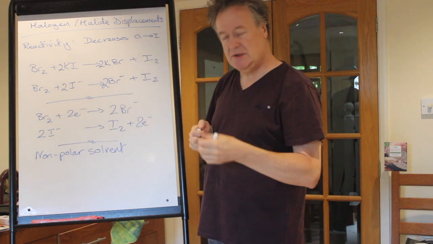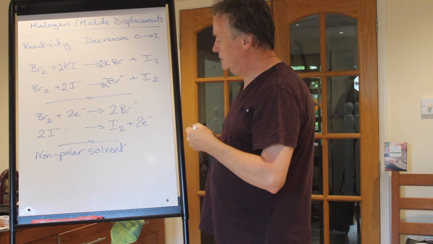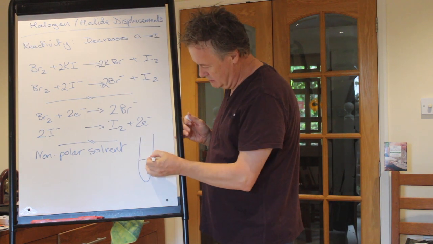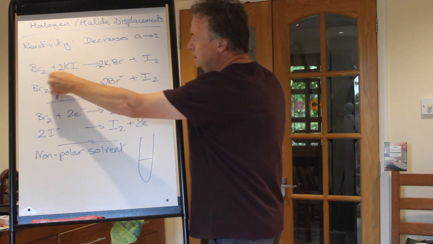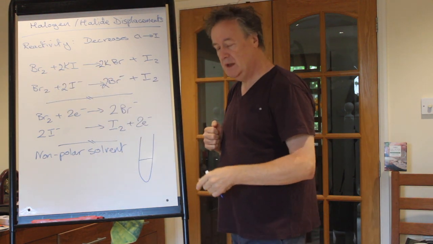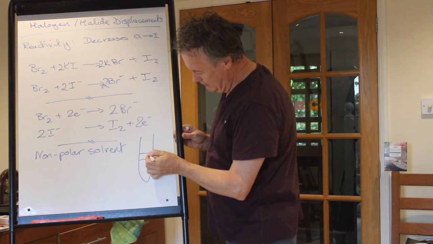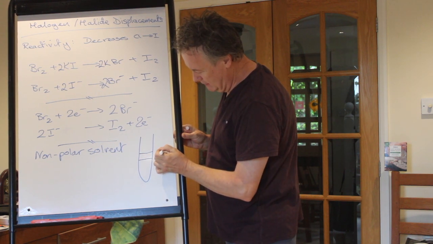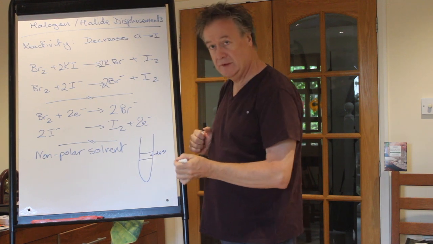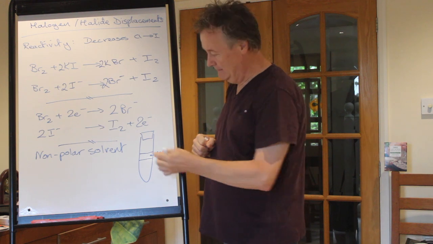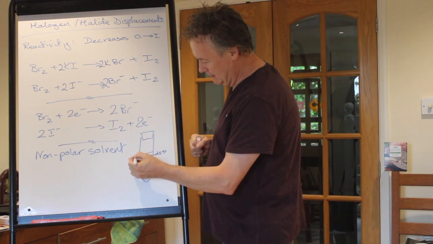There is also the addition of a non-polar solvent. So when you do this, you mix together your two chosen solutions here, and then what you do is put a little bit of non-polar solvent on the top, and then you bung it, shake it, and it picks up a colour.